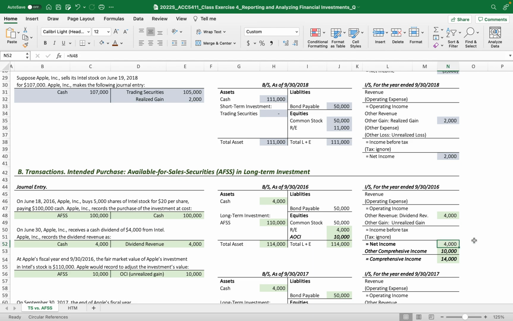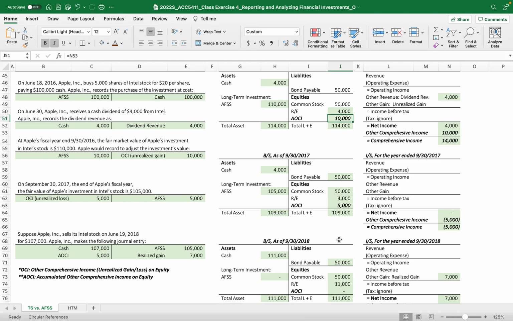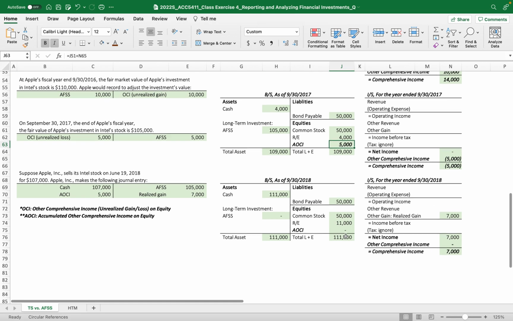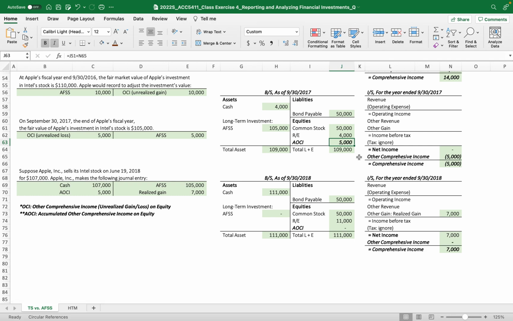But the net income in the available for sale securities case is only $4,000, because that $10,000 is set aside, separately recorded in the temporary account of accumulated other comprehensive income, because they haven't decided whether to sell the stock in the near term or not, right? It's still updated through other comprehensive income and accumulated other comprehensive income, right? But finally, when the company sold the stock, then the 7,000.